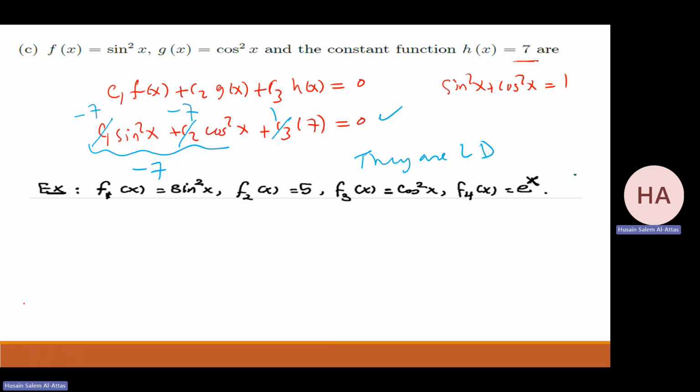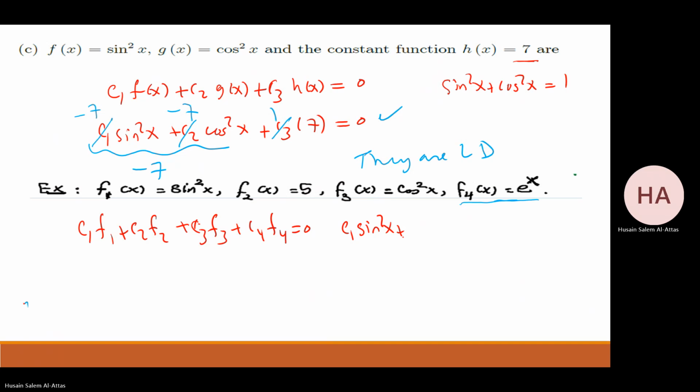I can use the same trick here. I have a fourth function which is not related, but still I can do the same trick. I have C1 F1 plus C2 F2 plus C3 F3 plus C4 F4 equals 0. That means C1 sine square plus C2 5 plus C3 cosine square plus C4 e^x equals 0.